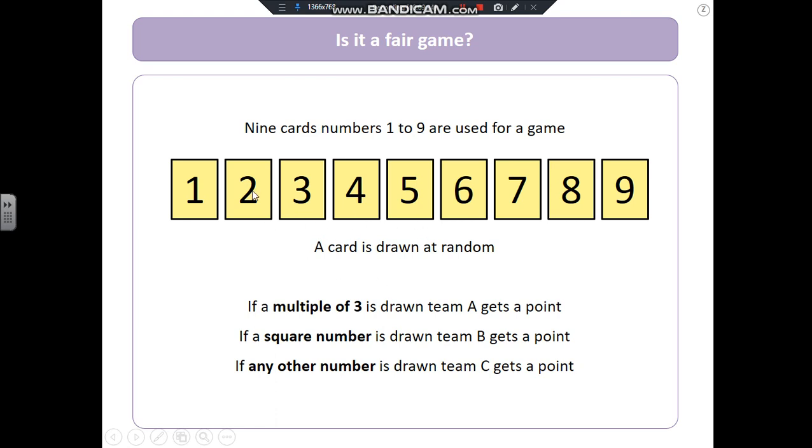So that's 2 cards so far, 2 and 5. 6, no. 7, yes. 8, yes. 9, no. So actually there are 4 cards where Team C would get a point. So Team C is more likely to win than A and B because it's got 4 cards that it can get points on, whereas A and B have only got 3 cards, so that's not a fair game.